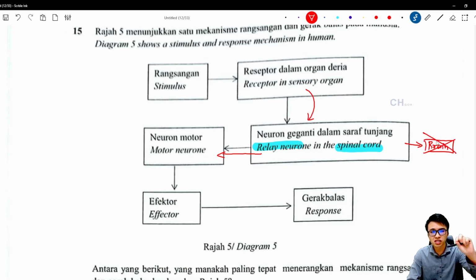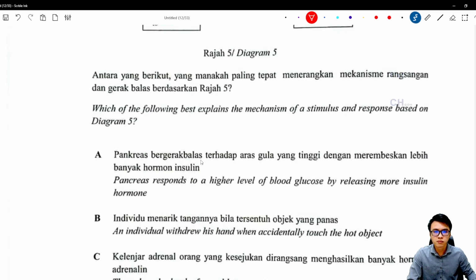Without the neuron passing through the brain, this person is not going to think about what action to do. So we understand that this action is called a reflex action, without passing through the brain. Which one best explains the mechanism?